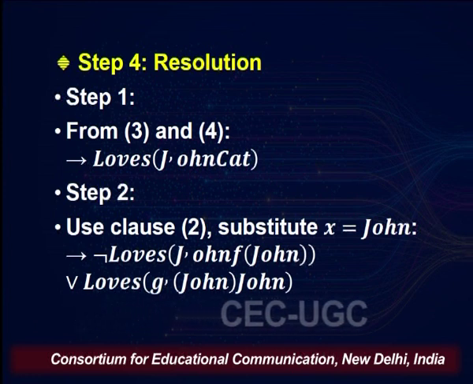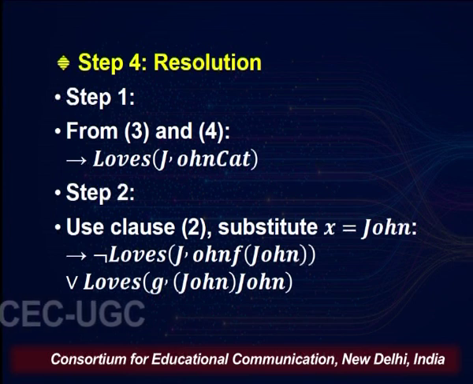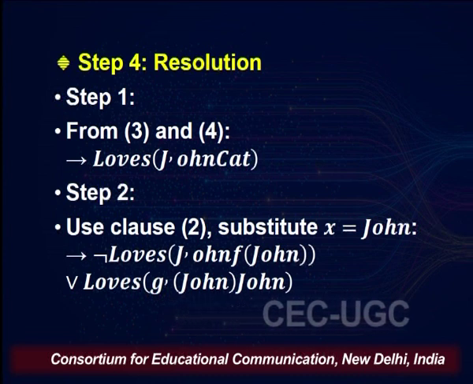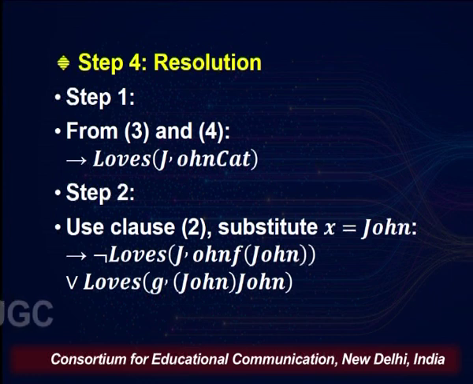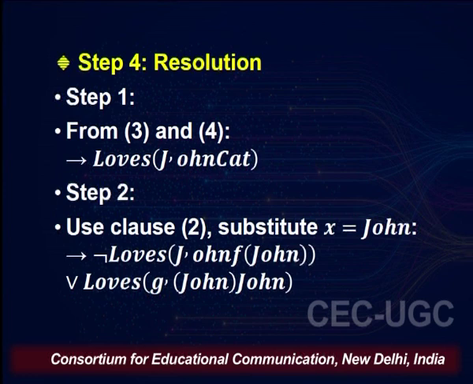Now, using clause 2, we need to substitute x with John. So, we have negation of loves(John, f(John)) or loves(g(John), John). This is our second clause after substituting x equals John.